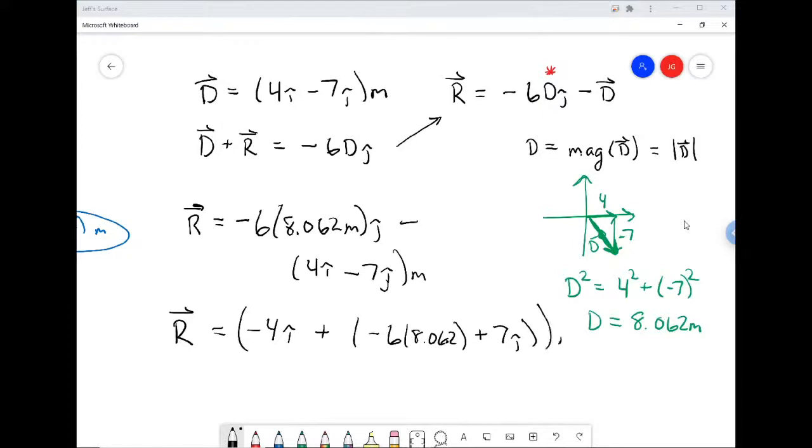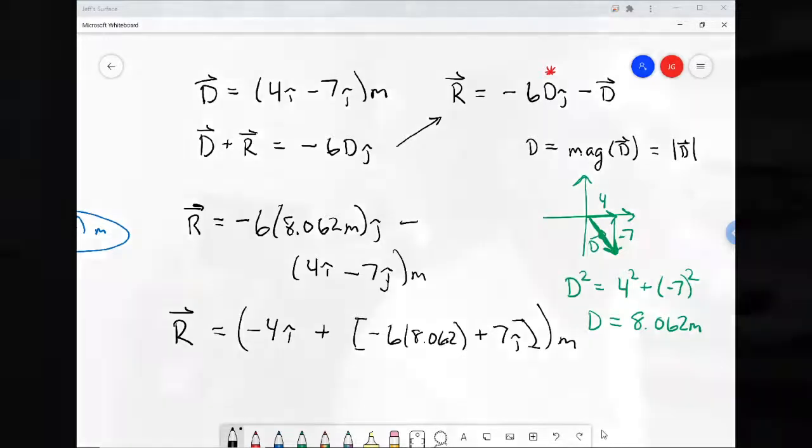Little units on here. So those two, algebraically the i hat and the j hat are like variables, so you can group like terms. That's what I'm doing here.